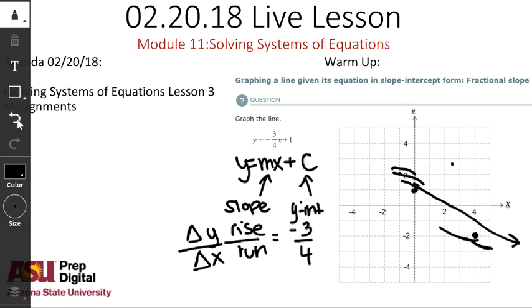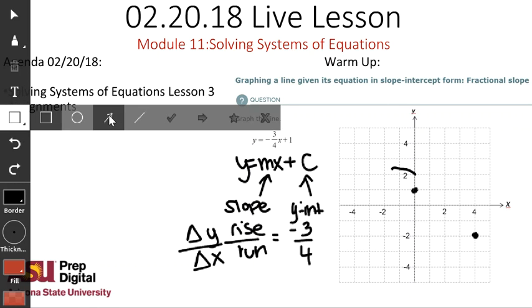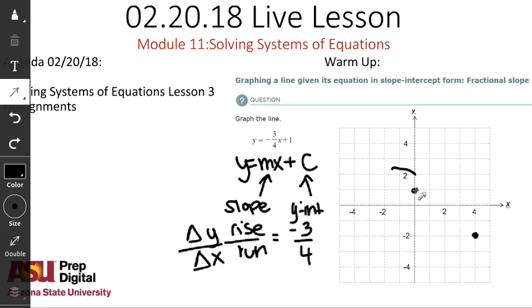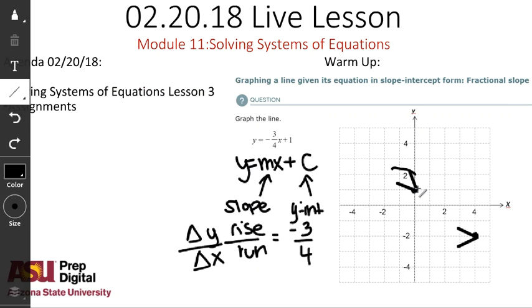So in order to sketch your graph, you're going to want to connect your 2 points. There we go. So we have something like that. And so that would be my line.